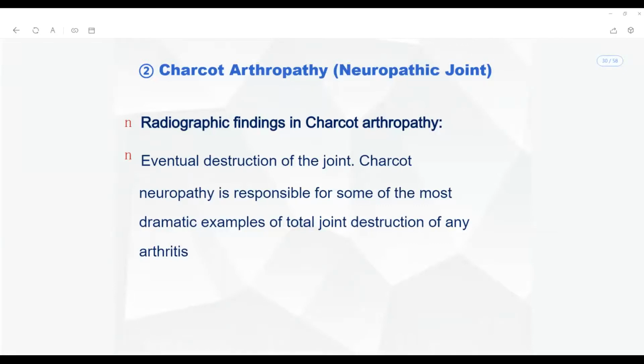What are the same names that are present? Charcot's disease, which is also called neuropathic arthropathy or neuralgic arthropathy, also called Charcot joint, can be seen in diabetes, leprosy, and syphilis.